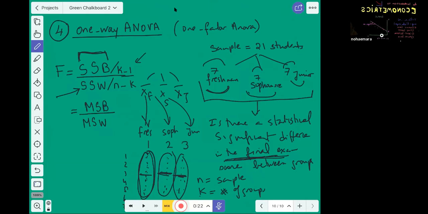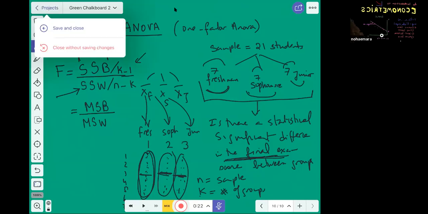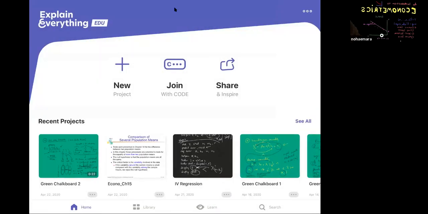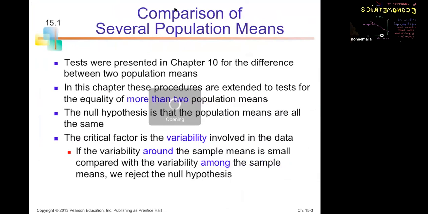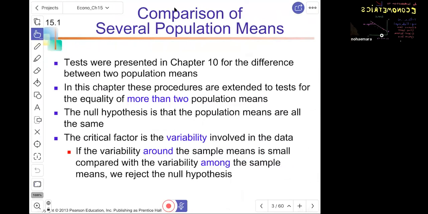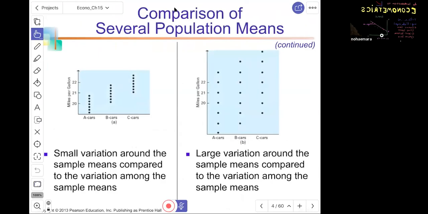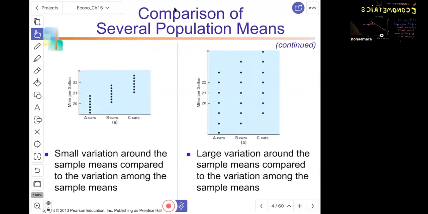Let me show you this in your slides. I'm going to come back to here. Just want to show you in the slides. So you have all the details here. When you look at, for example, I have three groups, A, B, and C, and I'm talking about different types of cars, their consumption of miles per gallon.